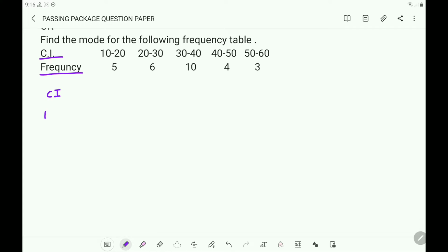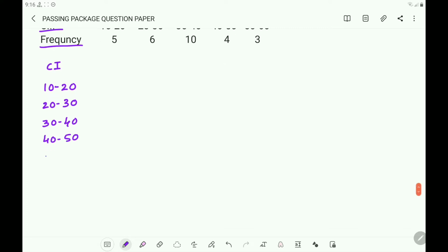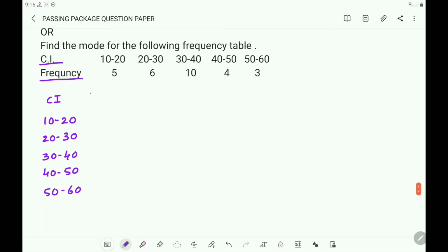Write 10 to 20, 20 to 30, 30 to 40, 40 to 50, and 50 to 60. Write the corresponding frequencies: 5, 6, 10, 4, 3.